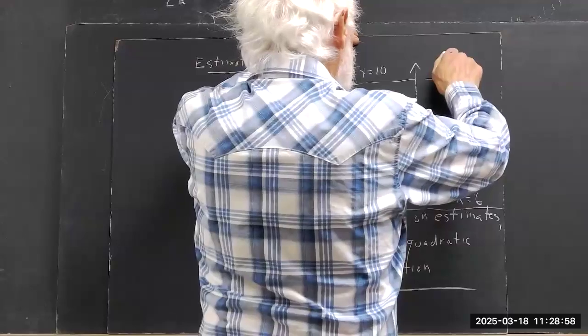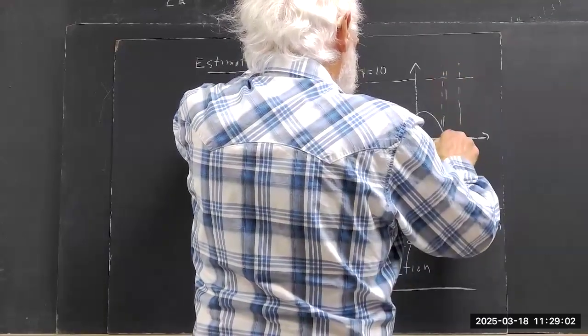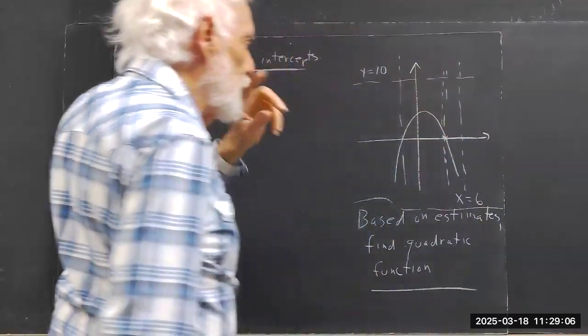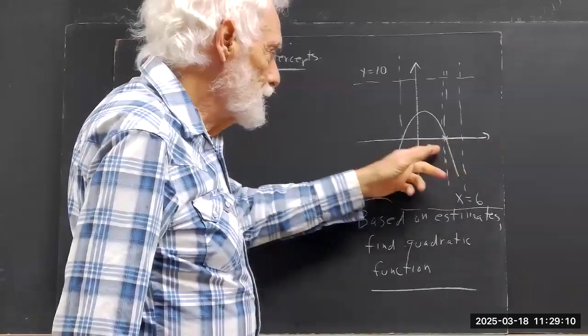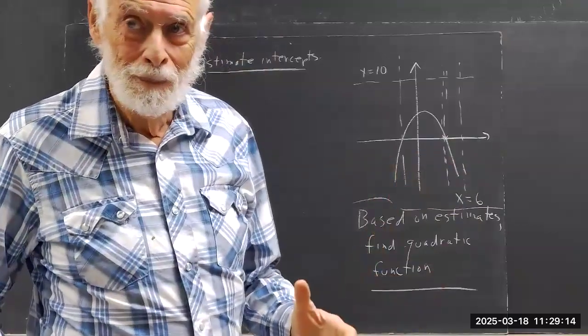Now, I really like using vertical and horizontal dotted lines to indicate coordinates rather than cluttering up your x-axis. There's often a lot of stuff going on the x-axis that you don't want to clutter up with your labels.